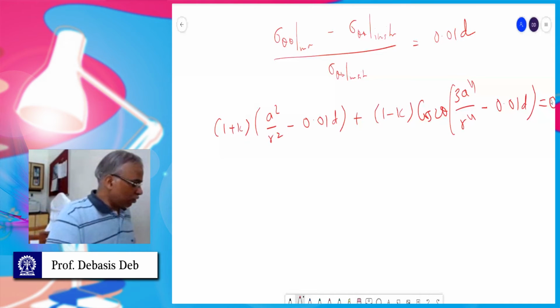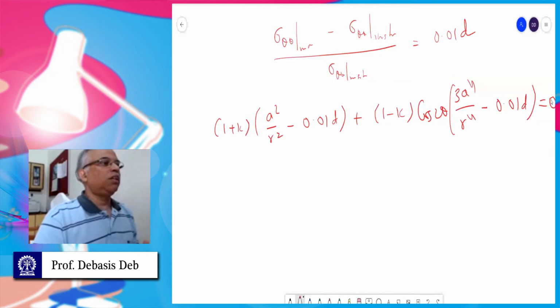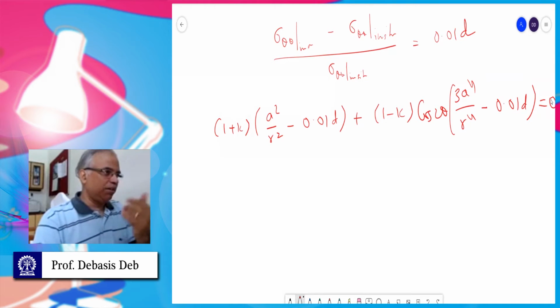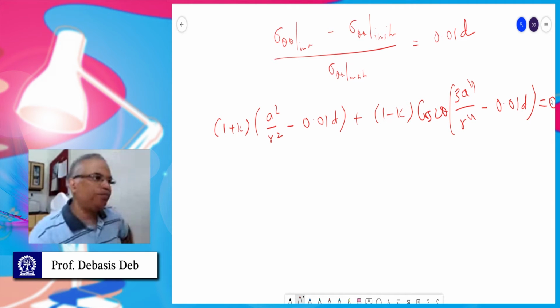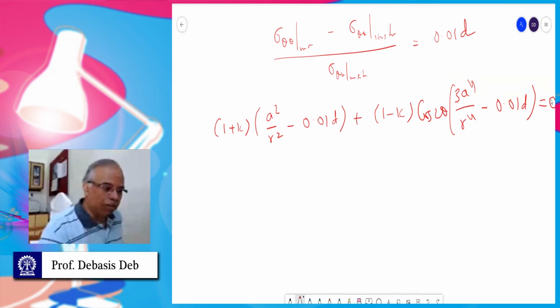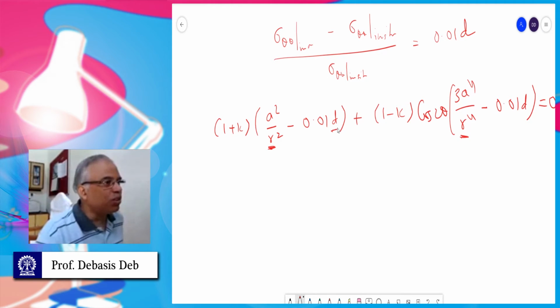So the in situ stress sigma theta theta is P naught by 2 multiplied by 1 plus k plus 1 minus k cos 2 theta, something like that. Whatever you can get from there. Now you can see this is a highly nonlinear equation of R, and I am looking for that R for a particular D, whichever you are comfortable with.